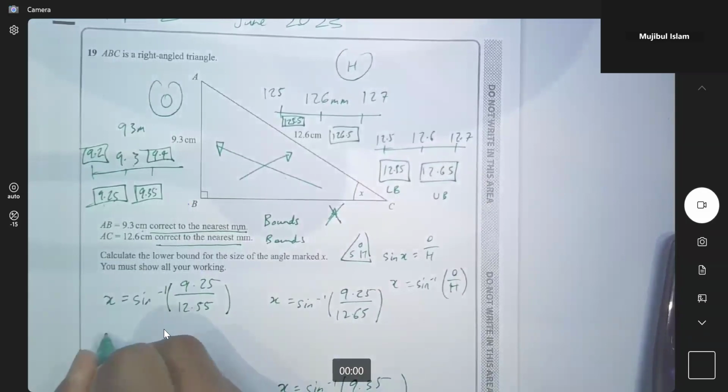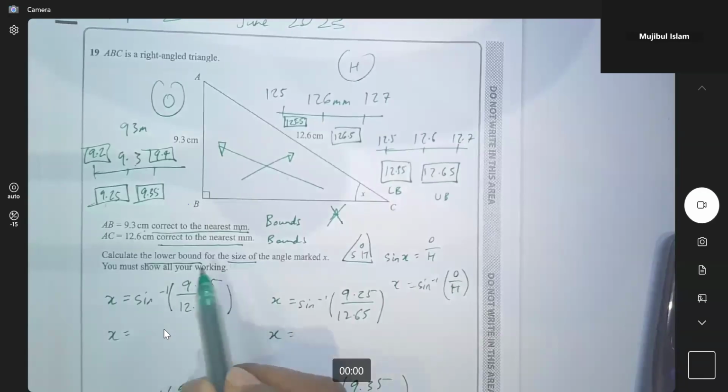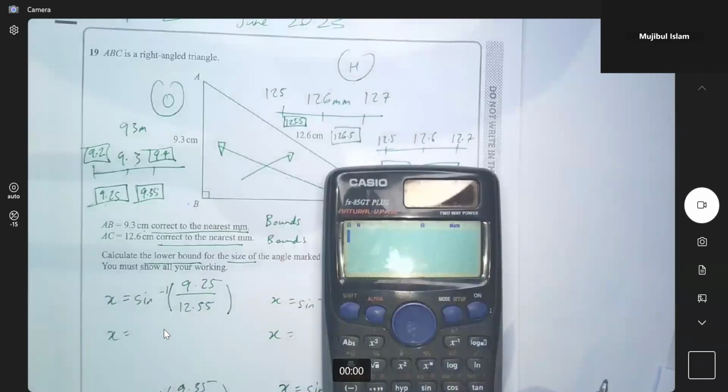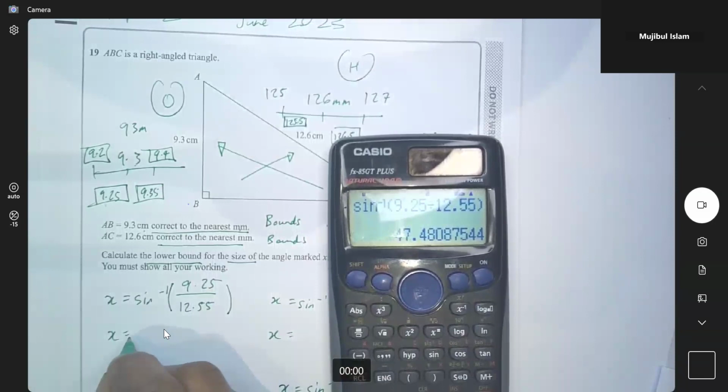Now I want to plug this into my calculator. I'm looking for the lower bound for the size of the angle, the lowest number. So sine minus 1 bracket 9.25 divided by 12.55 gives me 47.480.